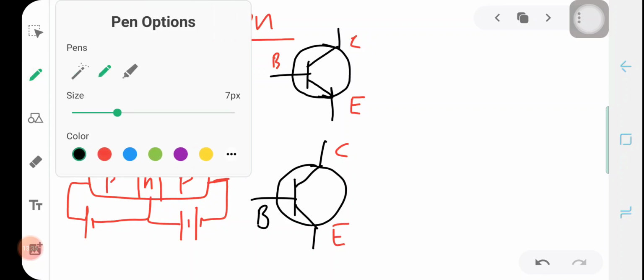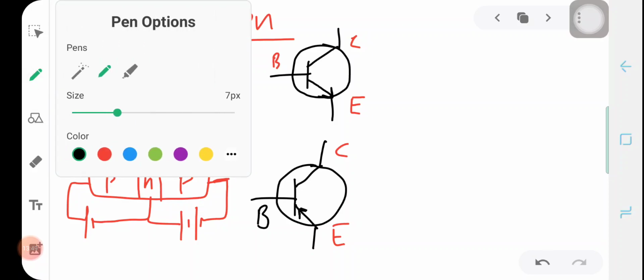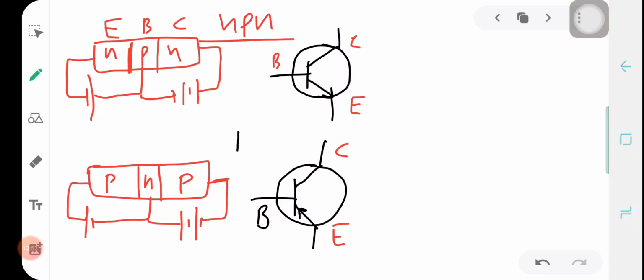An inward arrow mark represents a PNP, and an outward arrow mark represents an NPN transistor. So this one represents a PNP transistor.